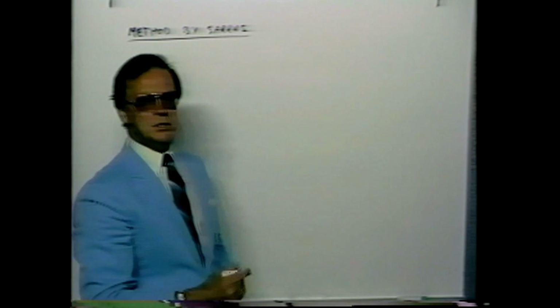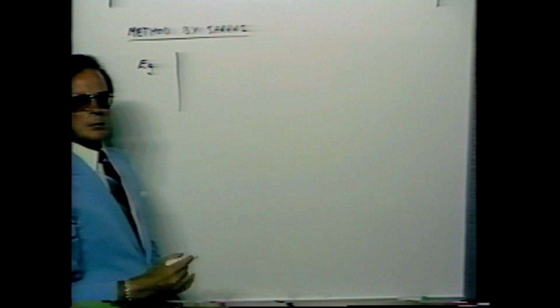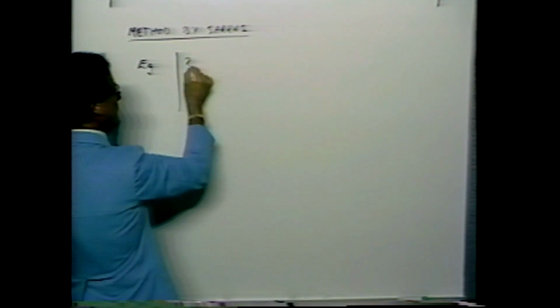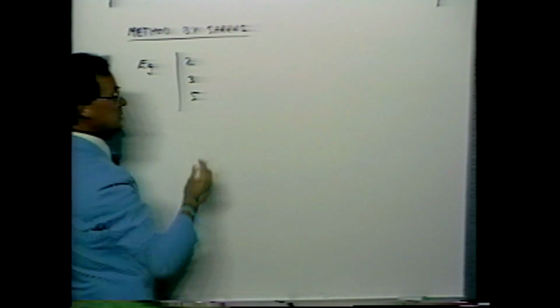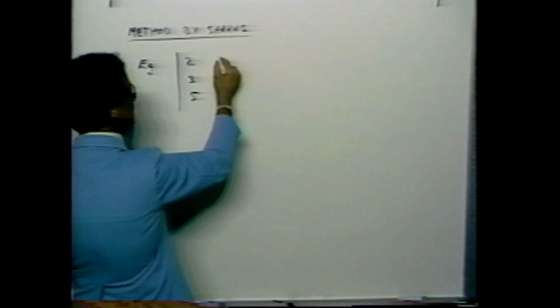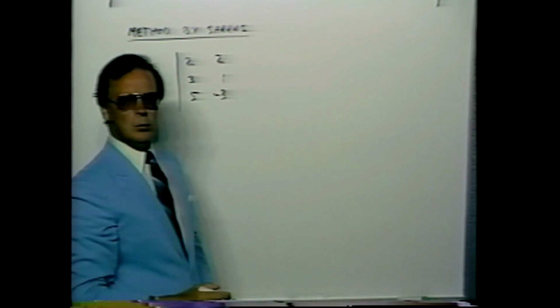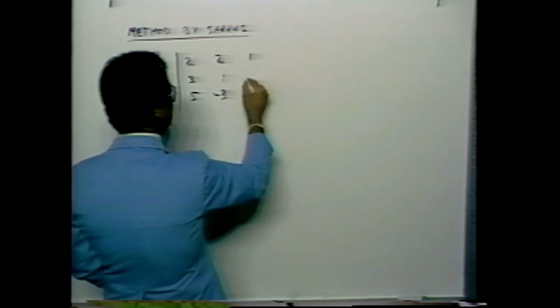The second method of evaluating determinants was suggested by Cyrus, a mathematician of the 18th century, and so it has very limited application. Taking the same determinant that I used earlier, we had 2, 3, 5 this way, and 2, 1, minus 3 this way, and 1, negative 2, negative 7.